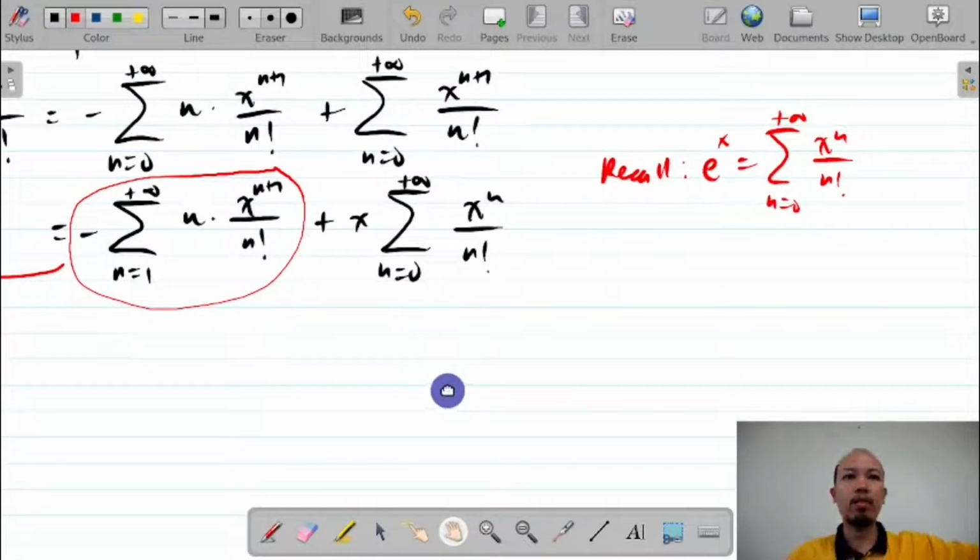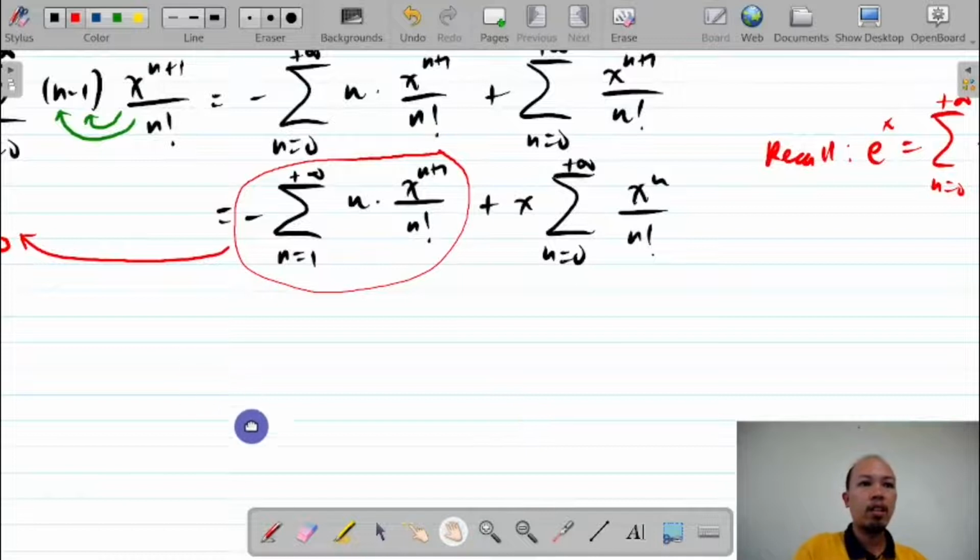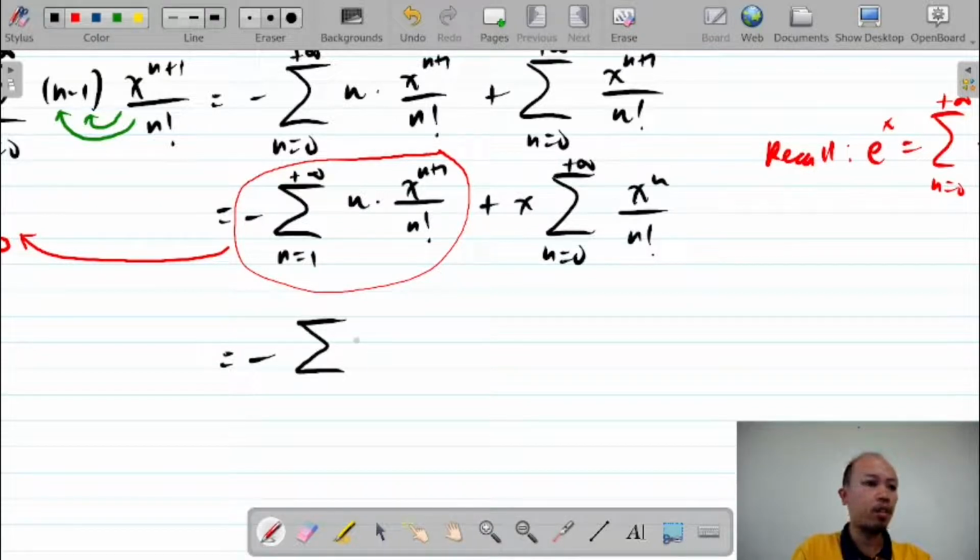Okay, so next is, sorry, this one here. We write it in this form: negative summation of x to the n plus 2 over n factorial, n starts from 0 to infinity.